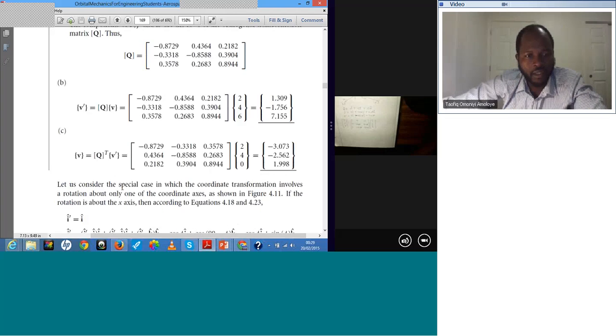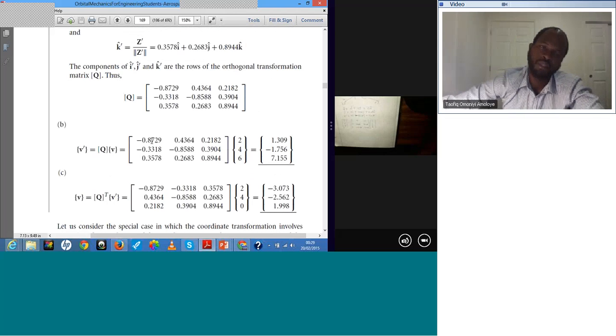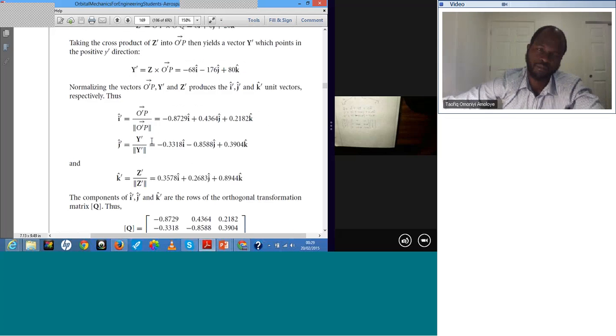And then the third part of the question says we should find the vector in the unprimed axis given its value in the primed axis. So what we do again is to just multiply by the transpose of the transformation matrix, and then we have the vector. So it is quite straightforward.